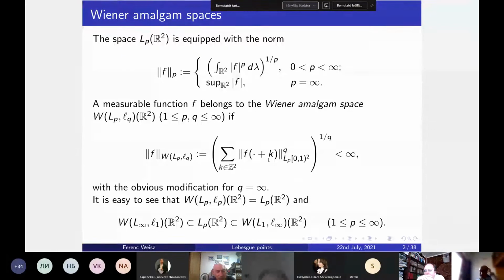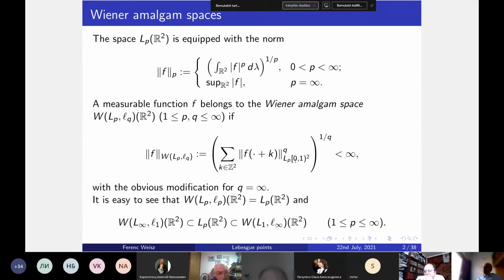Here we take the L^p norm over the unit square of the translates of f. Then this is a sequence, and here you can see the small l^q norm of this sequence. If q is equal to infinity, then we take the supremum, as usual.